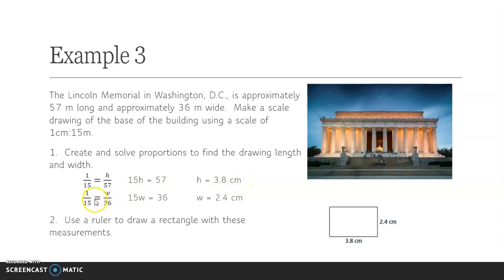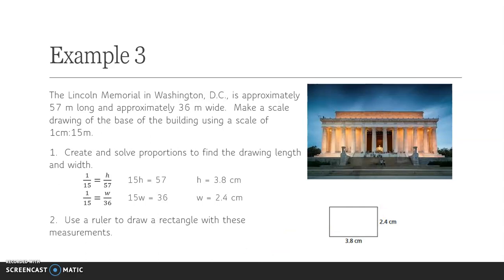Then I made a similar proportion. 1 over 15 equals the width over 36. I did a cross product, and I divided to find the width. Now, you would use a ruler to draw this, and you would end up doing 3.8 centimeters length and 2.4 centimeters width.